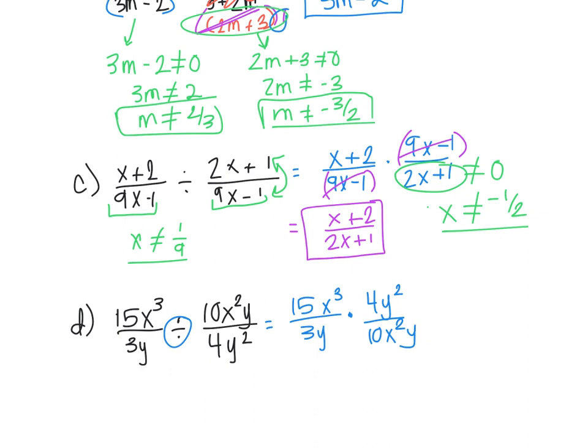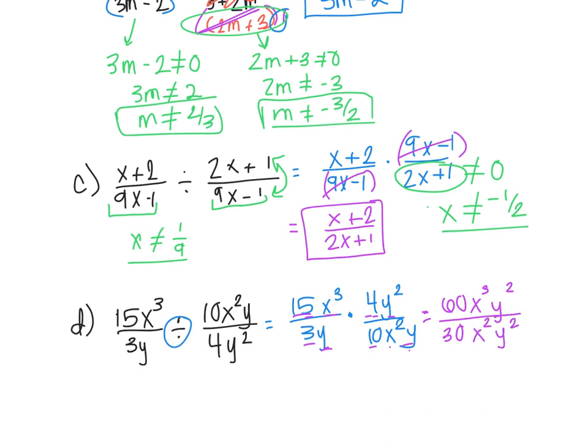So I'm going to do that. I'm going to do 15 times 4, which is 60, x cubed times y squared. So we just multiply every single term up here together. Same with the denominator. I've got 3 and 10, so that'll be 30, and then y times x squared times y. So the x squared is just still x squared, but that y times y turns into y squared.